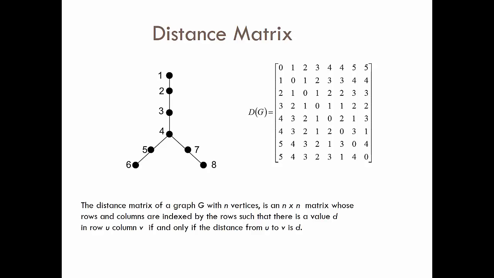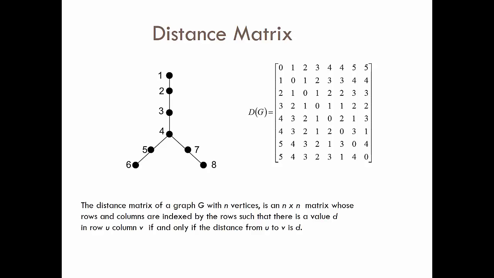Let's look at the first row of our example. Vertex 1 is a distance of 1 from vertex 2, so we have a 1 in position 1, 2. Going across that first row, the next distance is 2, and the next distance is 3. However, we have two 4s. Why is that?